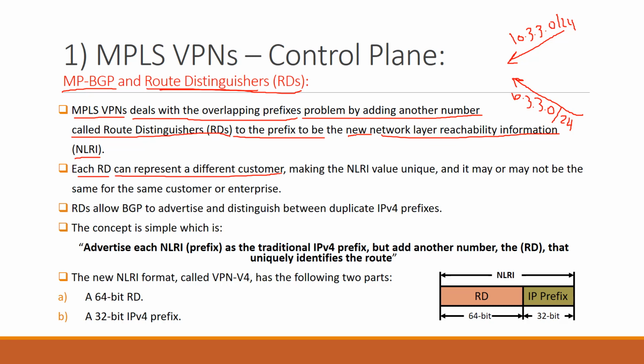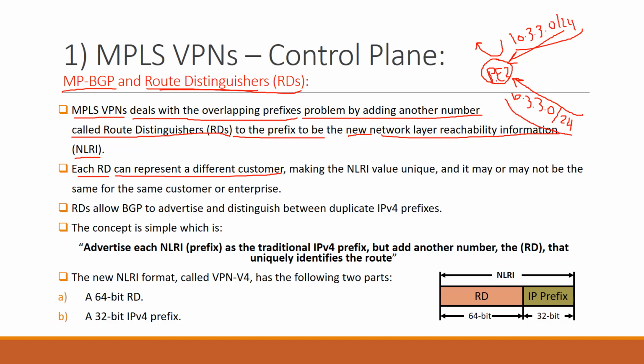It doesn't matter, because when this provider edge router is going to redistribute the EIGRP learned routes into BGP, it will assign a route distinguisher for this prefix to make it unique, and it will assign another route distinguisher for this prefix to make it unique.